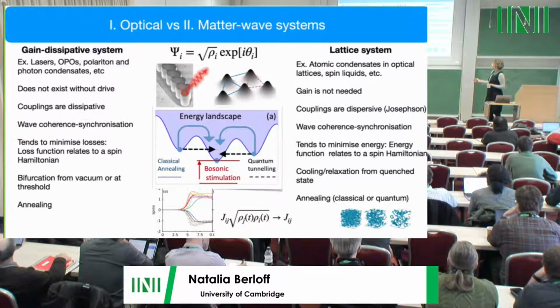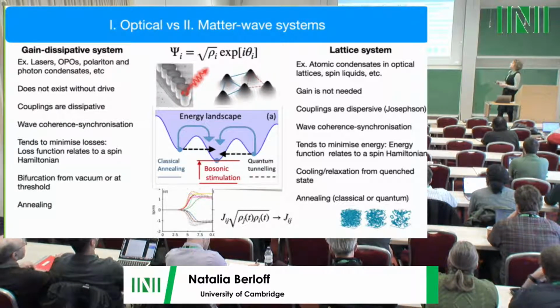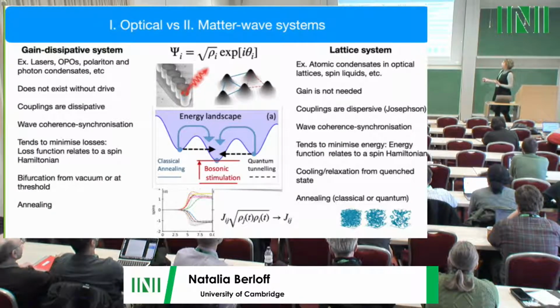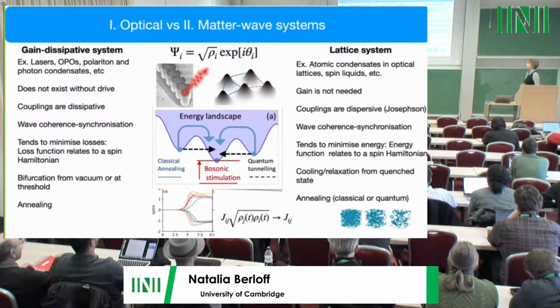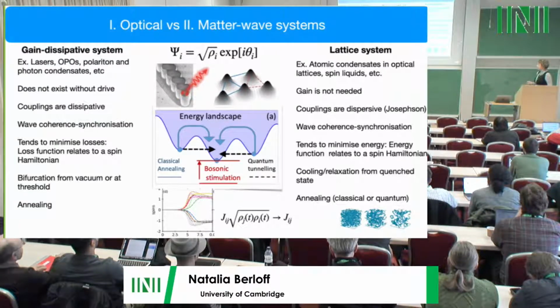And so by doing that, I have the state of the system which is in the global minimum of this loss potential. For the lattice system, on the other hand, as you cool down, the system relaxes, and if you guide it properly, then it may end up at the ground state, or it may get stuck at some local minimum. So the question is how to actually anneal it so that it goes to the ground state.